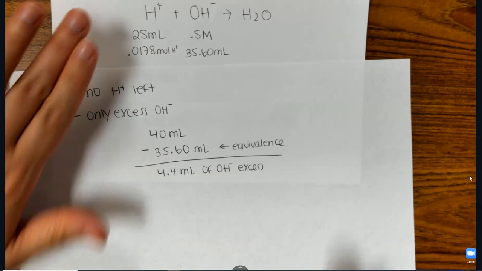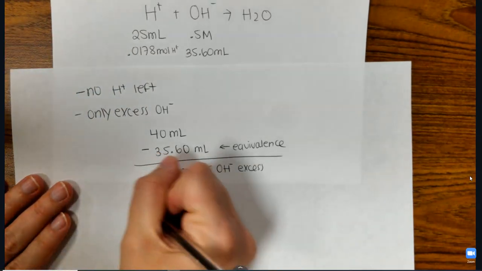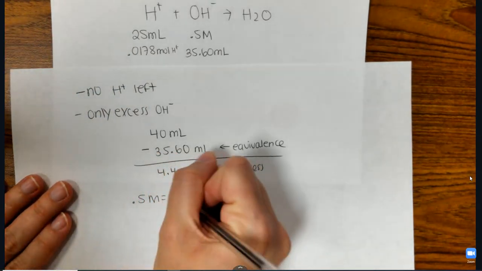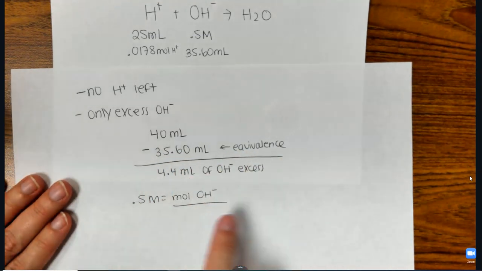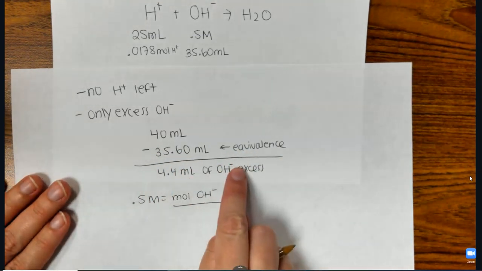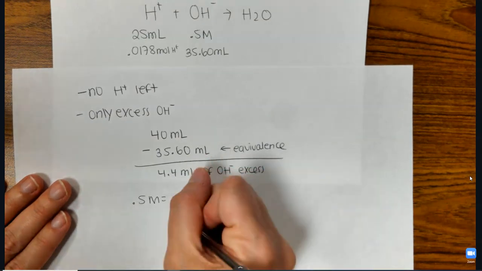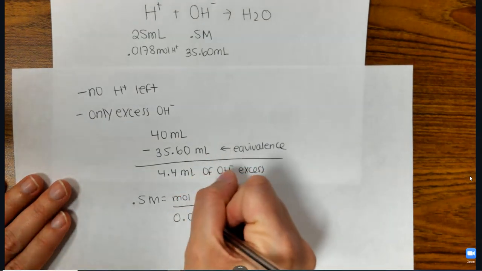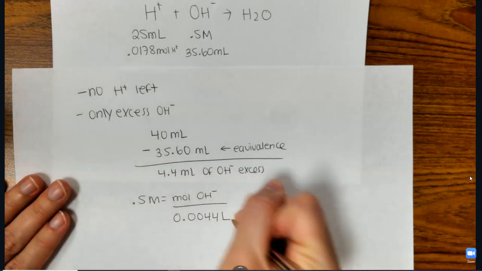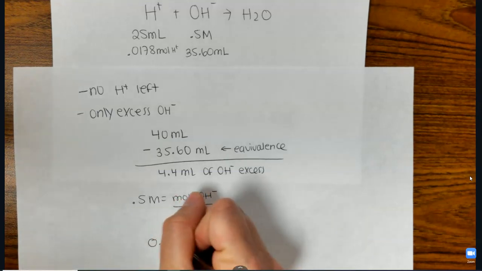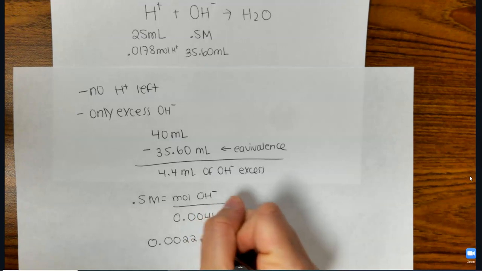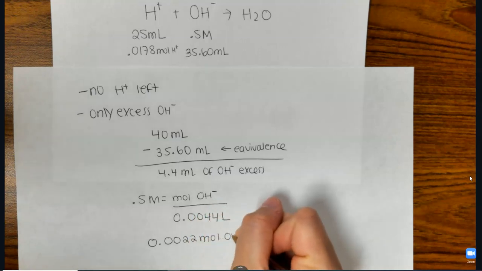Well, the base that we added was 0.5 molarity, and moles of OH, which is what I'm looking for, is molarity times the volume of excess OH. 4.4 milliliters is 0.0044 liters. 0.5 times 0.0044 means that you had 0.0022 moles of OH excess.